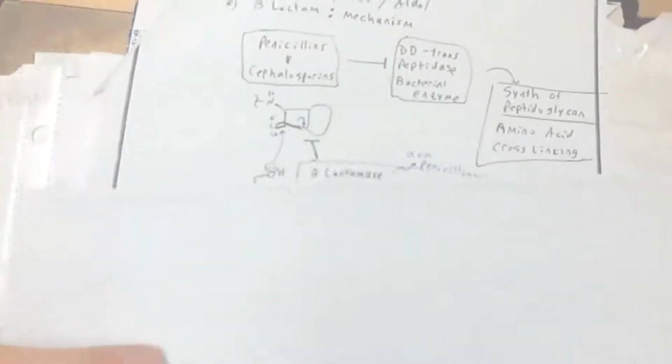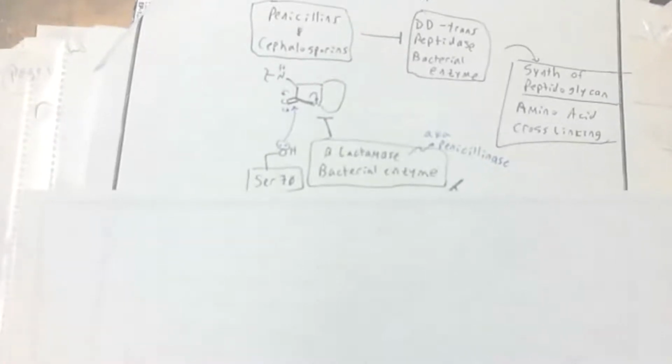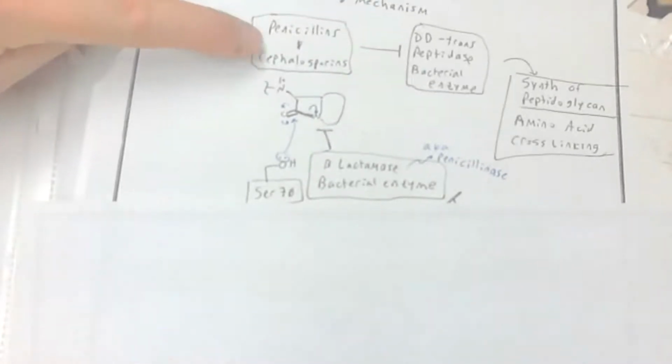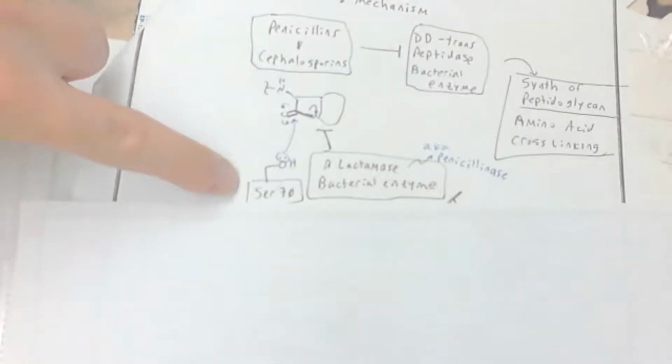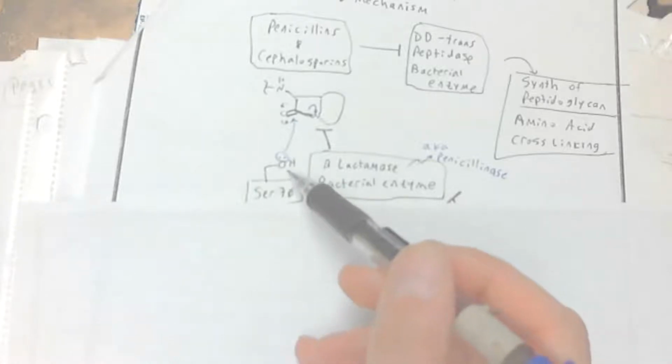And then what I was ending with was how can bacteria resist these drugs and maybe prevent them from working? A way they can do that is using enzymes called beta-lactamases, which are enzymes that have a nucleophilic serine, and they attach, or actually no, let's say that differently.